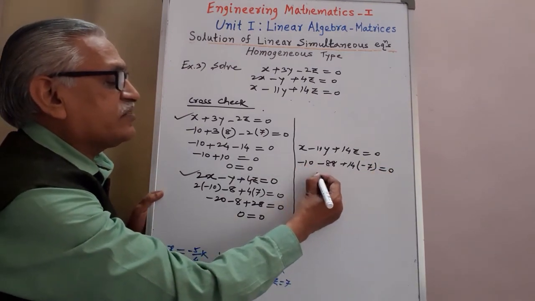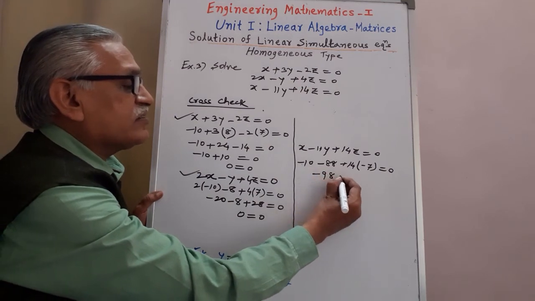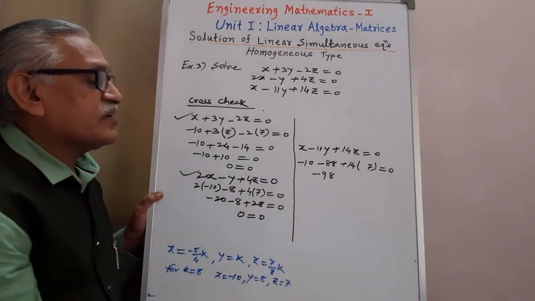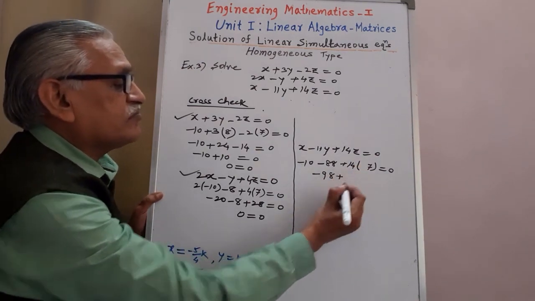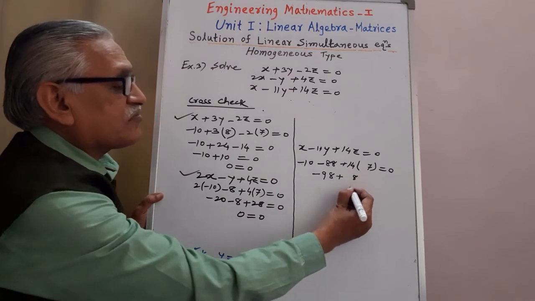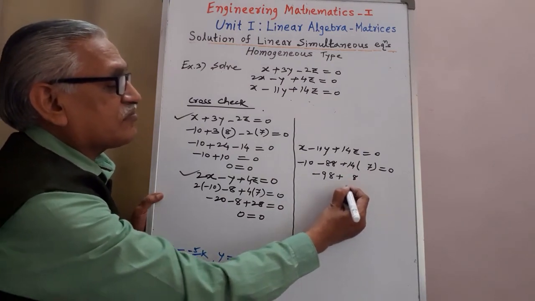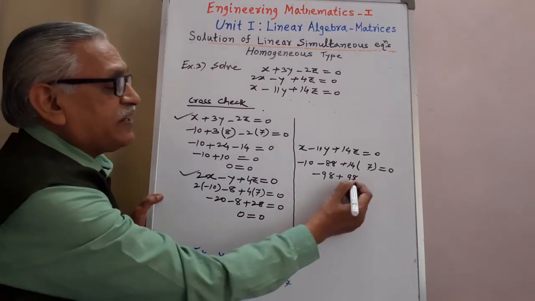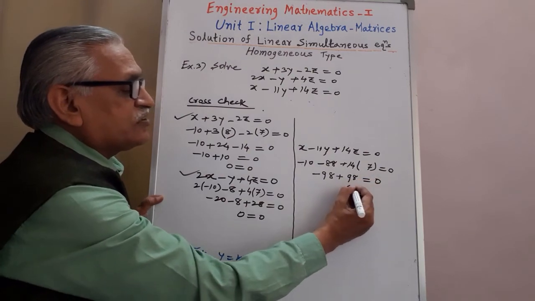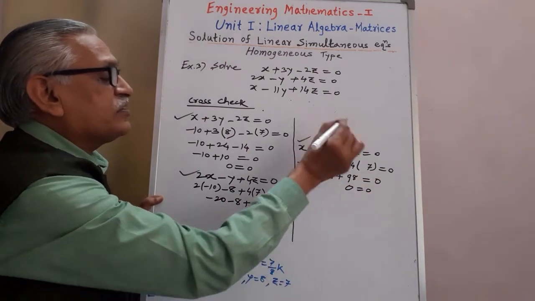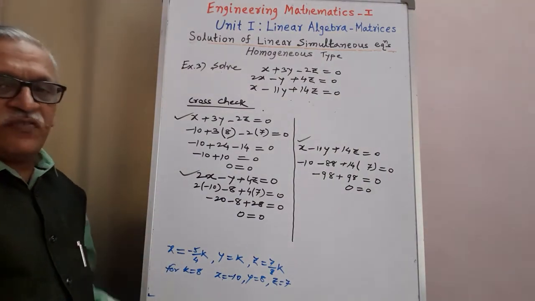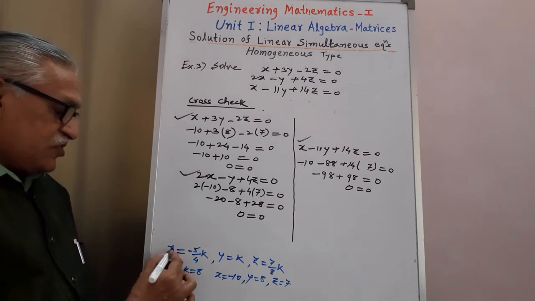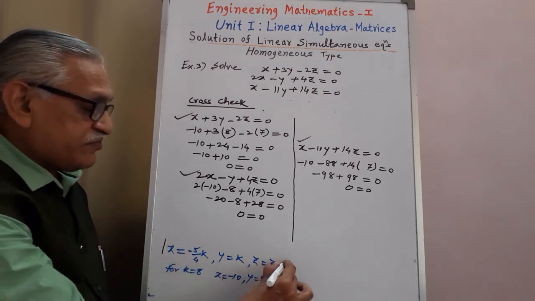Minus 10 minus 88 we get minus 98. Z is plus 7, 14 sevens we get plus 98, minus 98 plus 98 we get 0. 0 is equals to 0. Equation is satisfied. Therefore, as all the equations are satisfied, whatever answer we have is the correct one. Therefore, this is the correct answer.